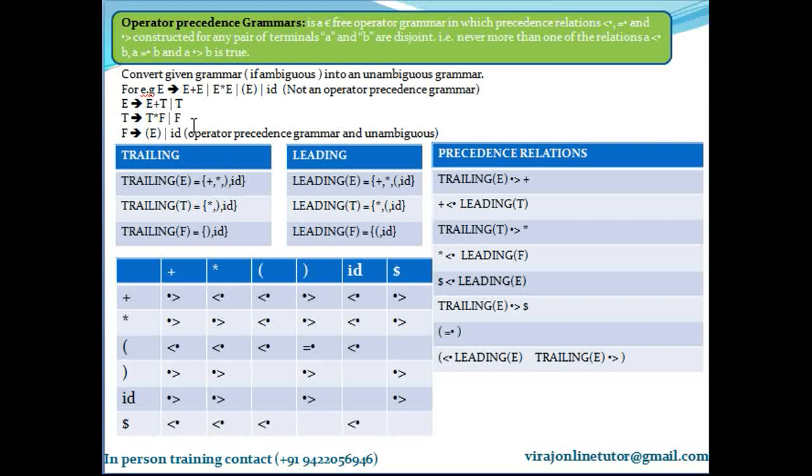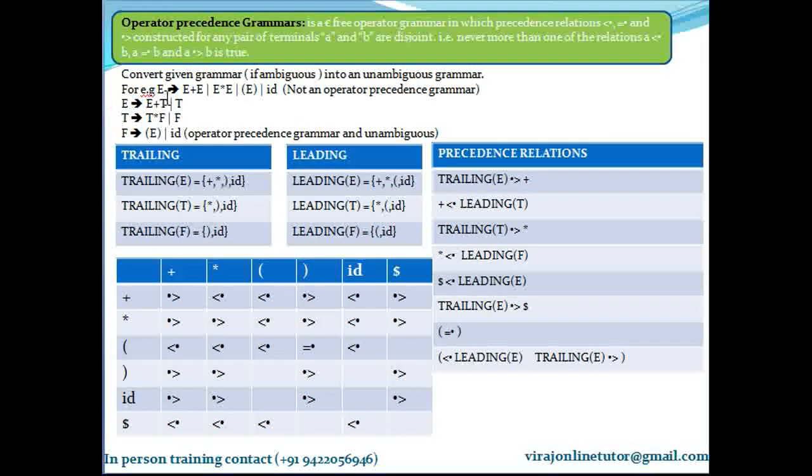I had explained in one of my compiler sessions how to eliminate the ambiguity. I started off with this production, with the productions which are not ambiguous. So I took F, and I introduced a new non-terminal which was giving open bracket E close bracket or ID.